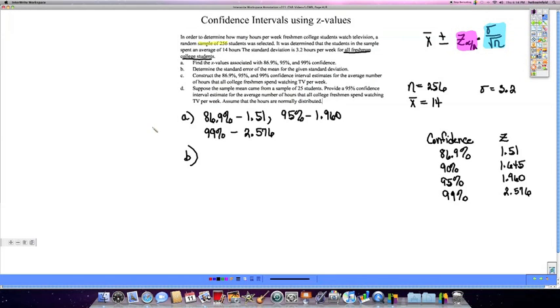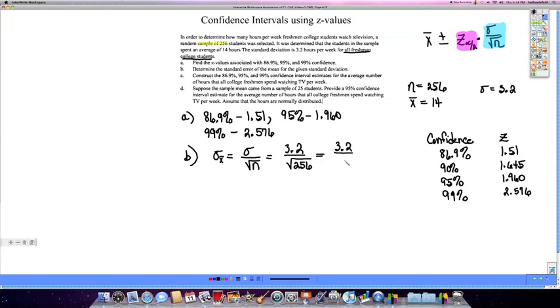So now we're just finding the standard error of the mean, which is basically what we learned back in Chapter 7. It's the standard deviation for the population divided by the square root of n. So the standard deviation for the population is 3.2, and we are dividing that by the square root of 256. The square root of 256 is 16.